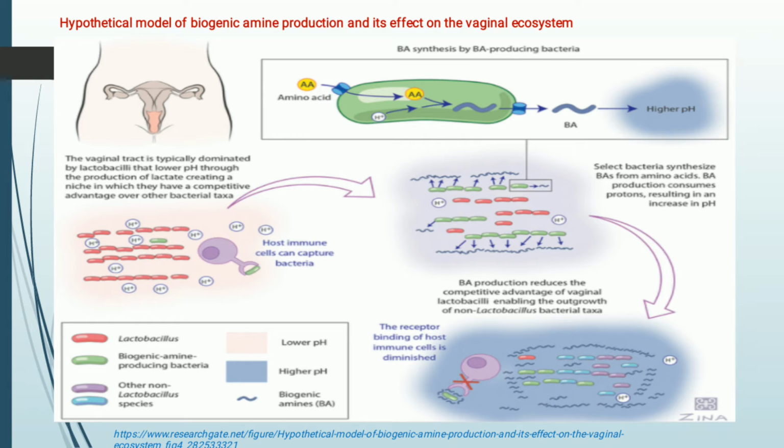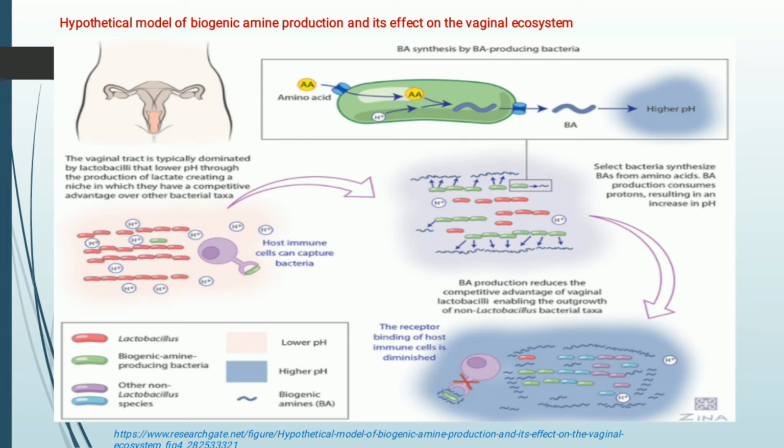high. Because the H positive concentration is very high, the immune cells, which can be macrophages or any type of lymphocyte, are very active due to the more acidic condition. That's why any pathogenic bacteria which can harm the vagina is destroyed by these immune cells.